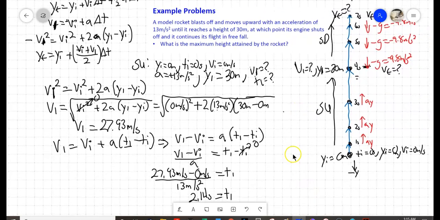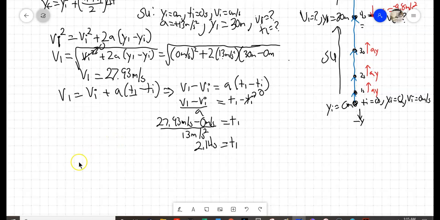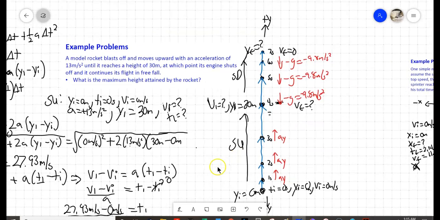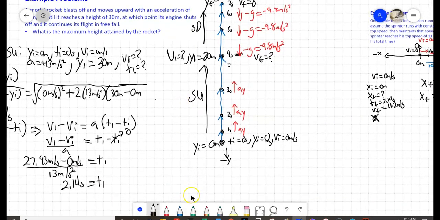Okay. So now that we know that, let's do the top part of the graph where we have the slowdown portion, and fill in some of the blanks here. I only put these numbers in for reference: this occurs at 2.14 seconds, and its velocity at that point is 27.93 meters per second.